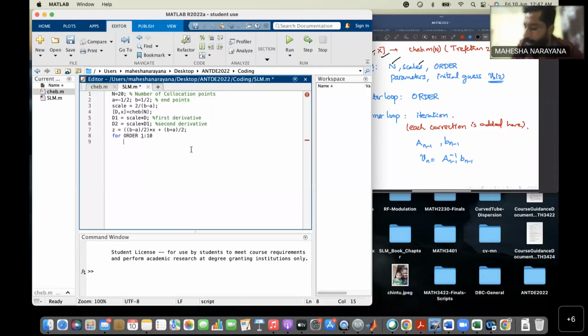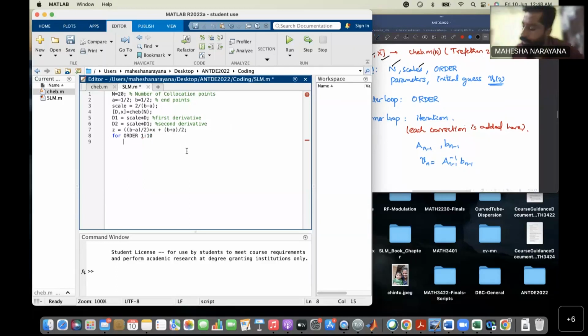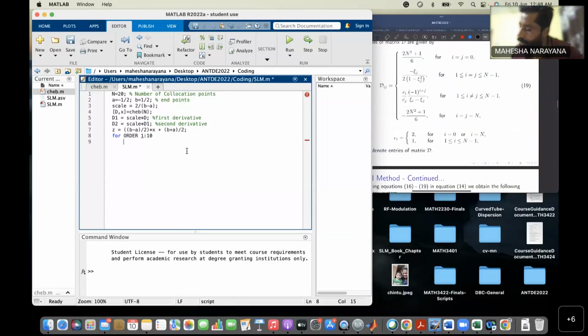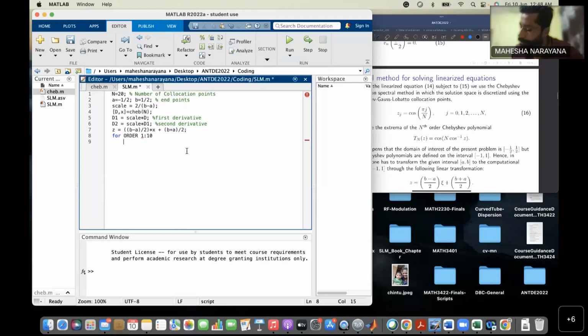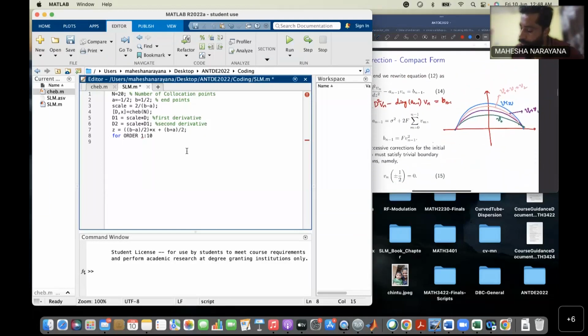And in this loop, we'll just define our parameters and the initial guess solution. Okay, so the parameters that are involved are sigma squared. I'll call that S, or small s. So S is for sigma.